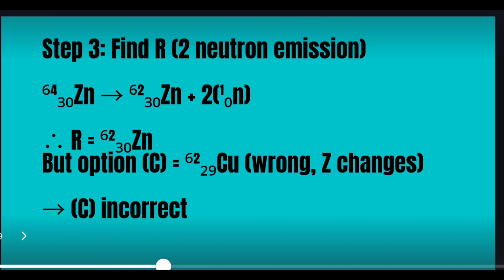2 neutron emission. Zn 30, 64 gives rise to Zn 30, 62 plus 2 neutrons, that means n 1, 0. Therefore R is equal to Zn 30, 62, but option C is copper 29, 62. That is wrong. Here Z changes, so option C is incorrect.